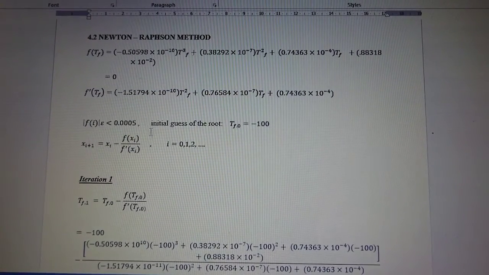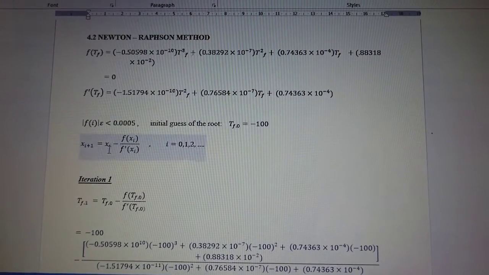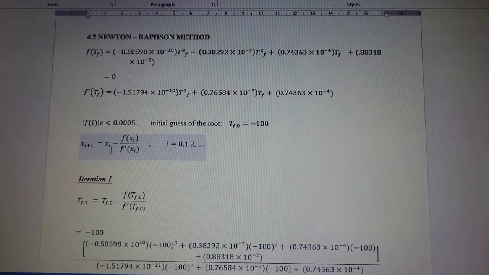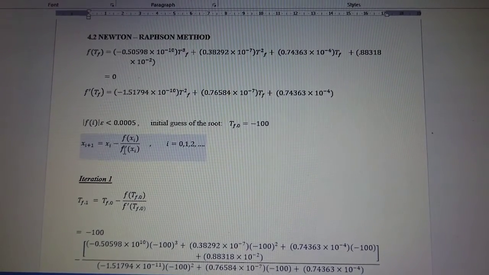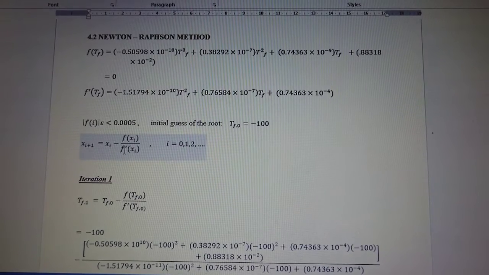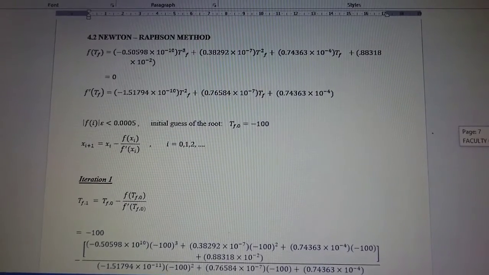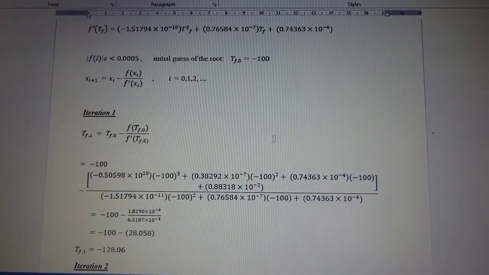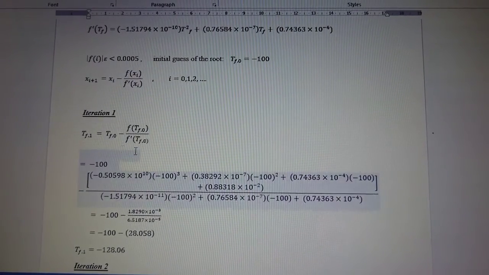For the Newton-Raphson method, we use this formula, which is xi minus f(xi) over f'(xi).